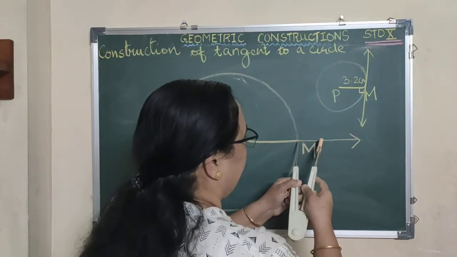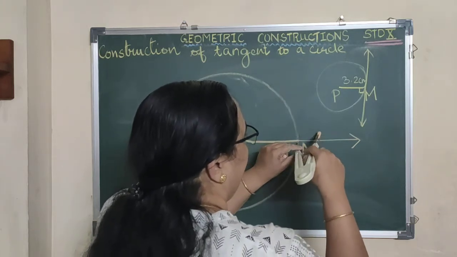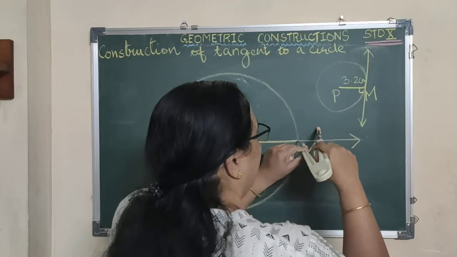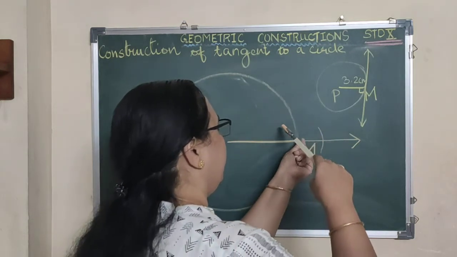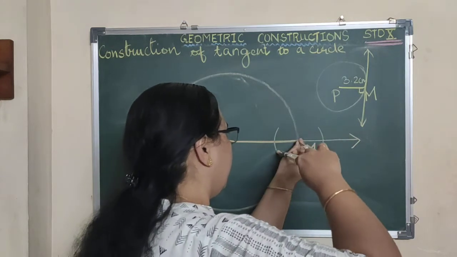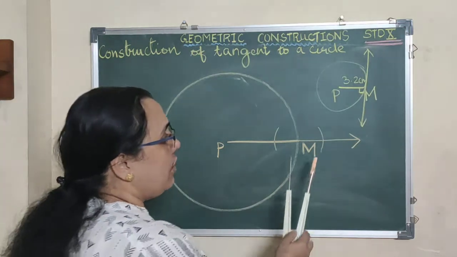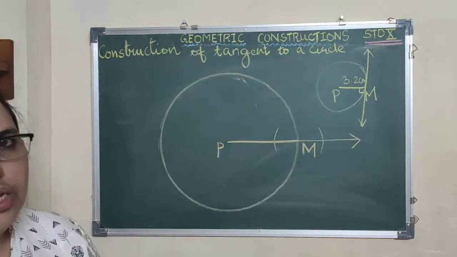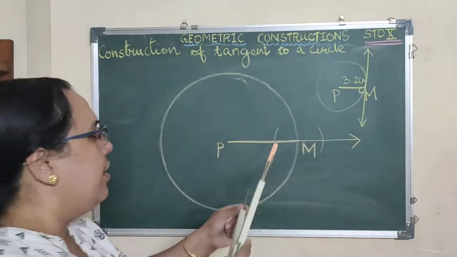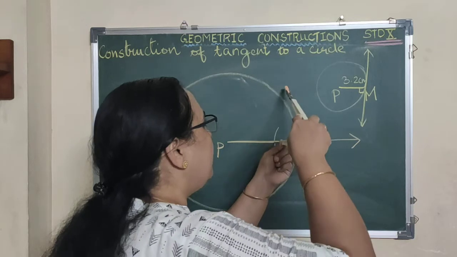At point M, we draw arcs facing each other. Okay, and see, when we draw this arc, we take suitable distance. Now if you need, you can change the distance, and we take our distance from this arc what we have already drawn.